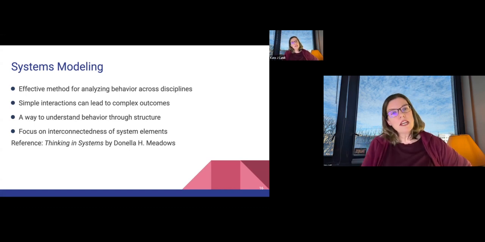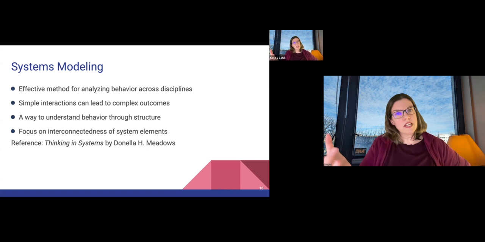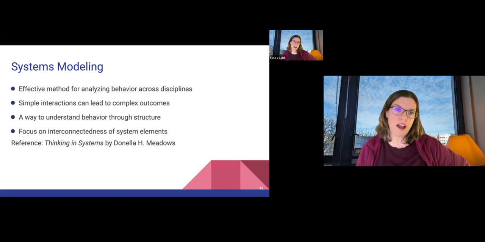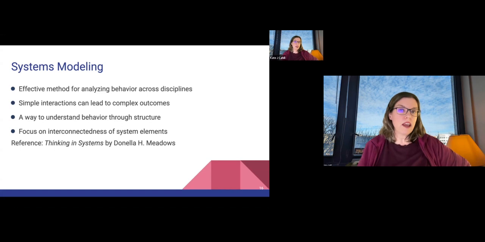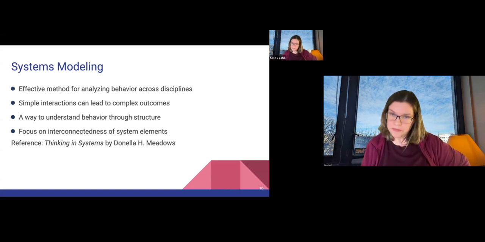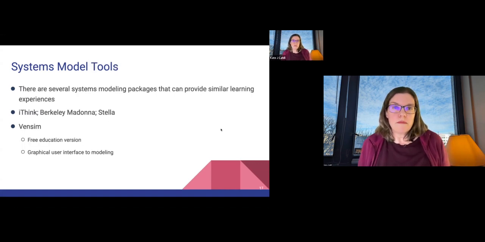And so you can see how systems can have complex outcomes, even with fairly simple interactions. And so you can focus on how the different elements of a system are connected. And so this is a really popular type of modeling that has a lot of great examples out there, and is very relevant in a lot of different disciplines. There are a lot of tools that you can look at, different types of systems modeling.